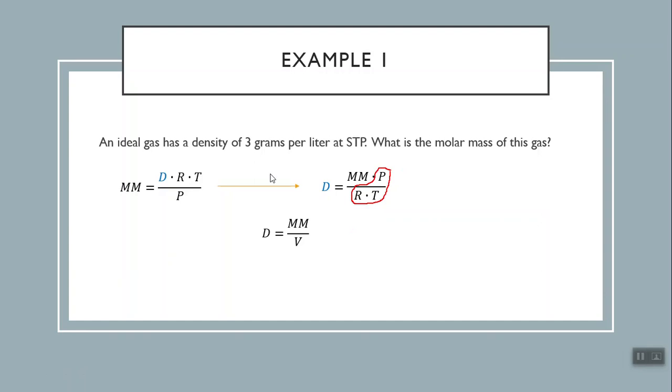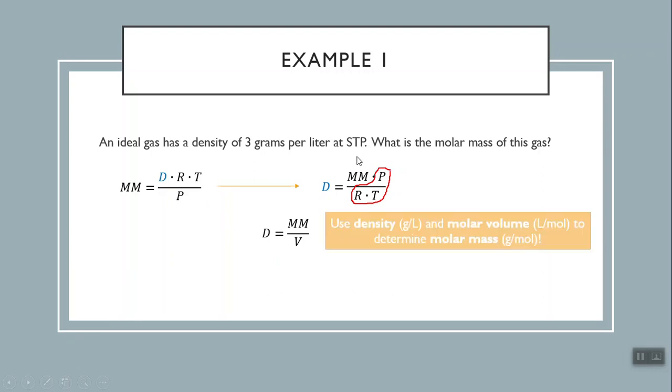And whether you use this formula or that formula, you will get the same exact answer, because the conditions are at STP, standard temperature and pressure. So we're going to use the density given, 3 grams per liter. The molar volume we just determined is 22.4 liters per mole, and we can solve for the molar mass. So the molar mass of this gas is 67.2 grams per mole.